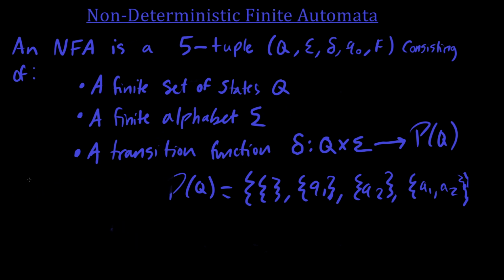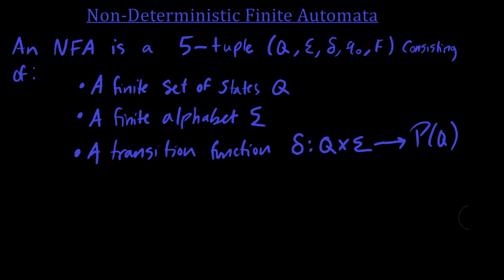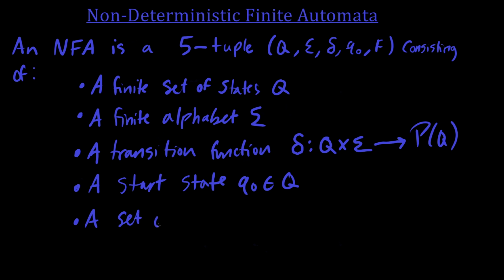Cool. So we've now talked about our transition function, and everything else is going to be exactly the same as in the DFA case. We still need a start state Q naught in Q and a set of accept states F, which is a subset of Q. And this is our full definition of an NFA.